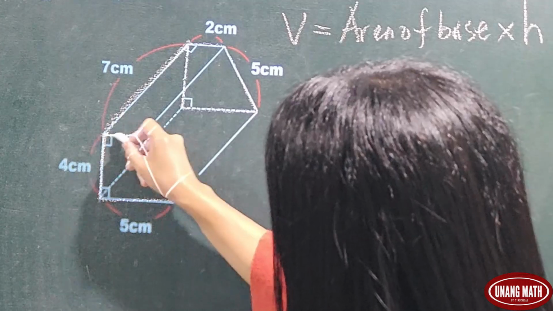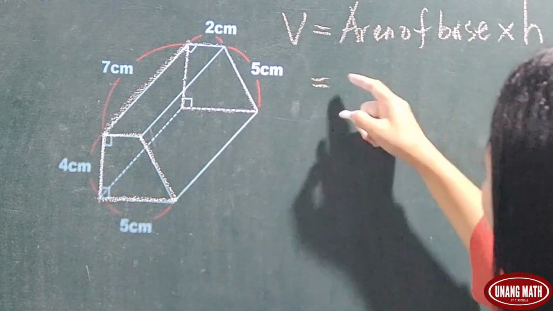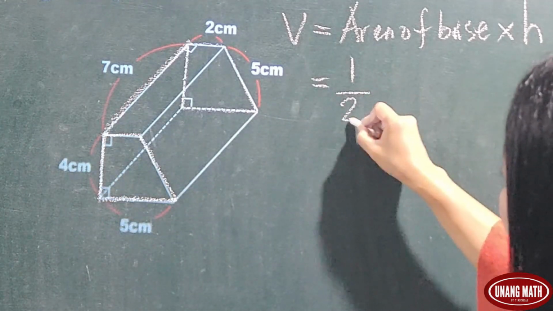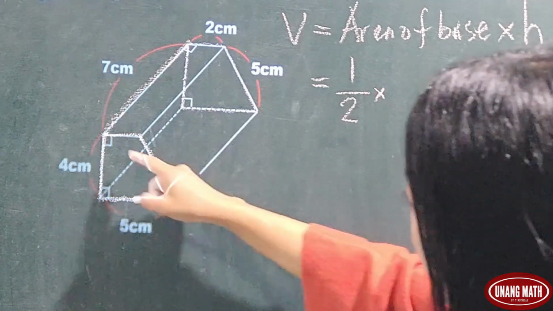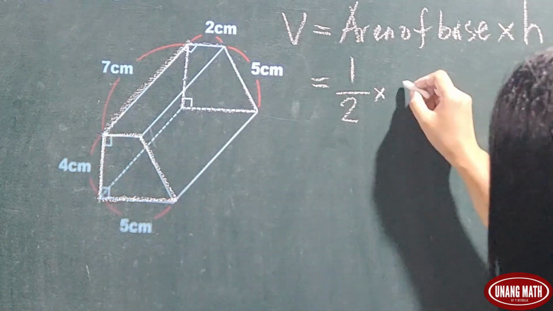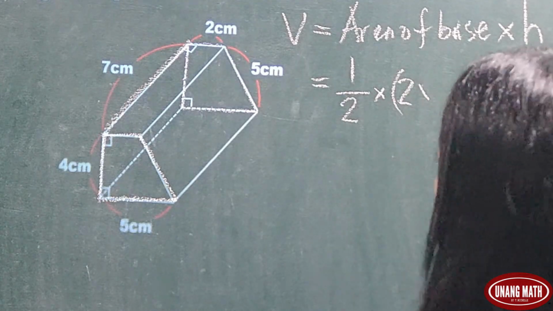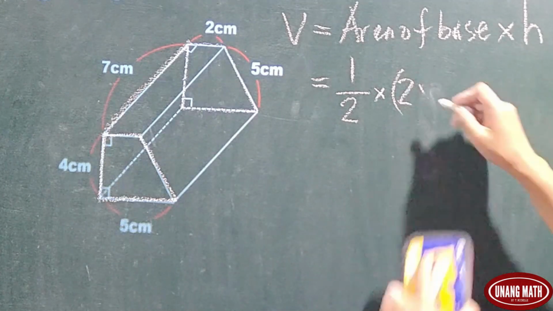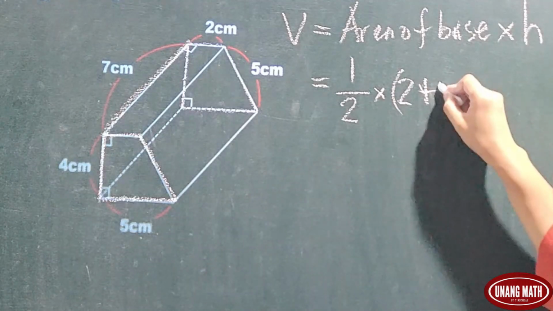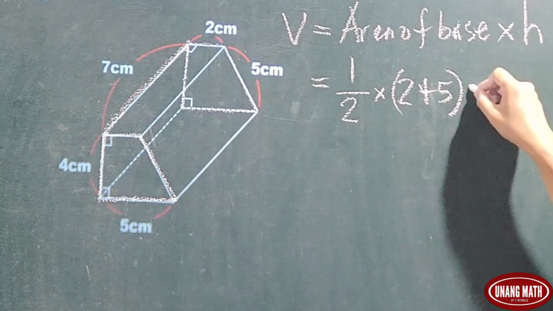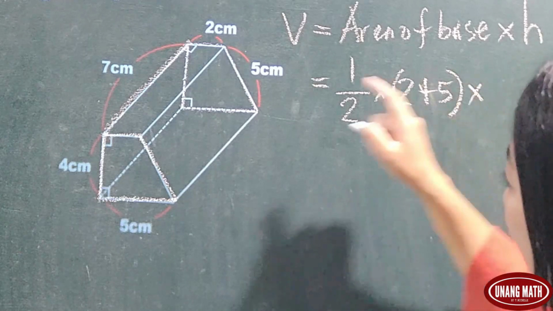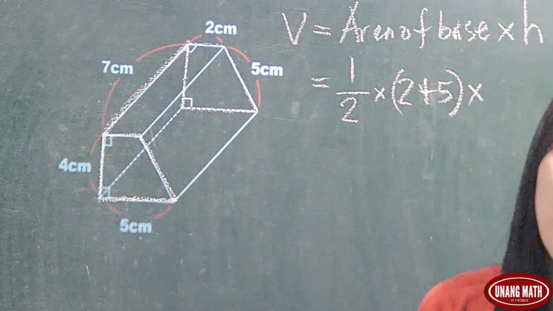Since this is a trapezoid, the formula would be 1/2 times, okay, this is 2 centimeters plus 5 centimeters. And then we have to multiply this by the height of the trapezoid, which is 4 centimeters.